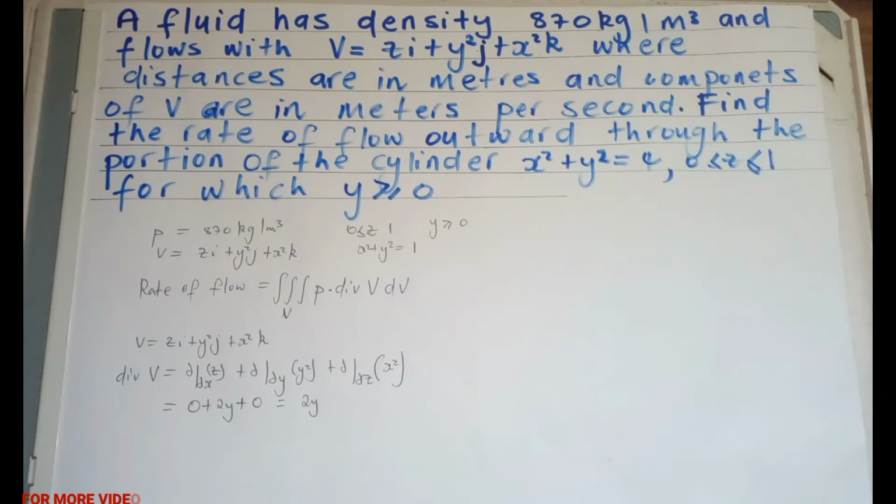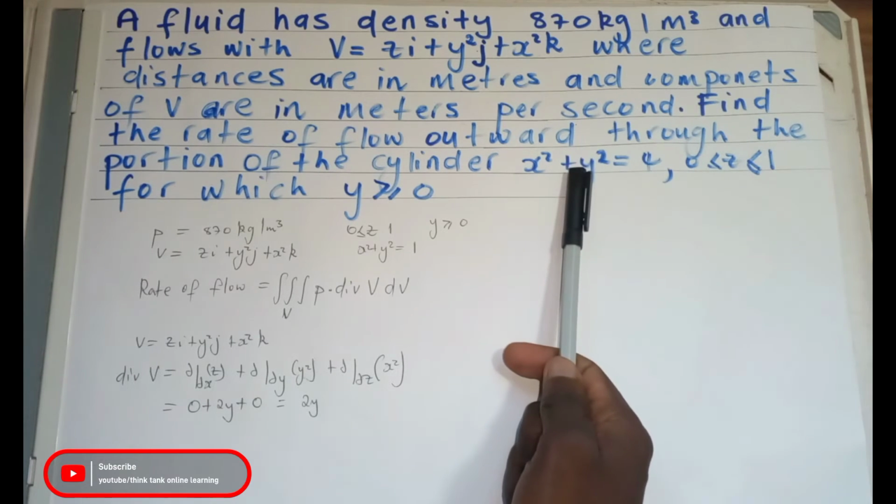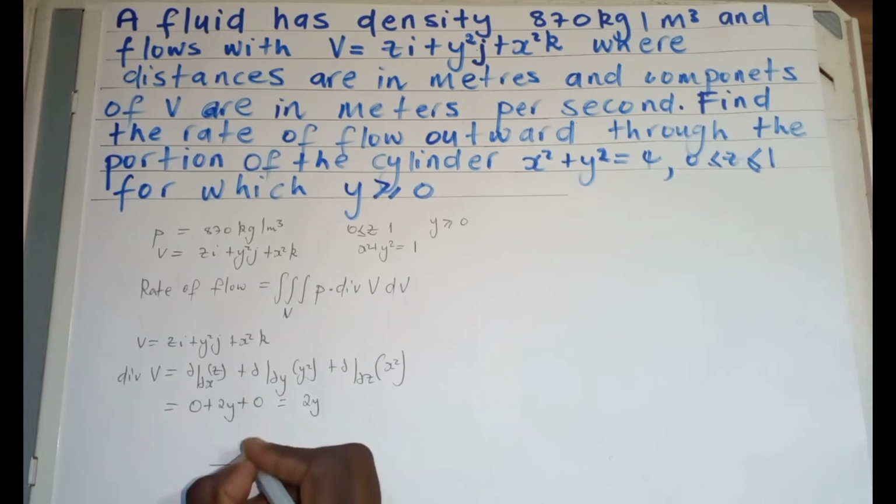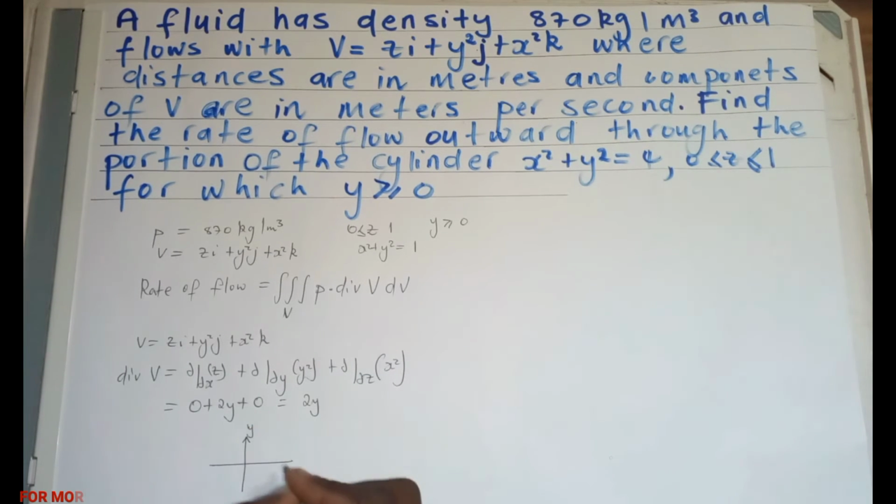Okay, so we're good. Now it's time for us to evaluate the limits, and this is where you need to be very careful. We have a cylinder here, so that means we're going to draw a circle. This is y, this is x.